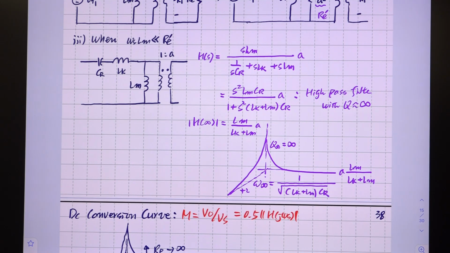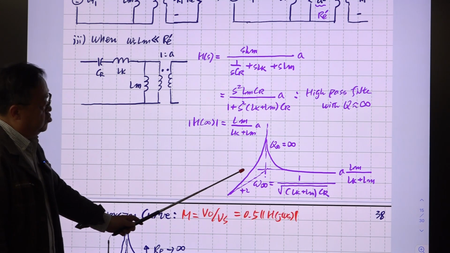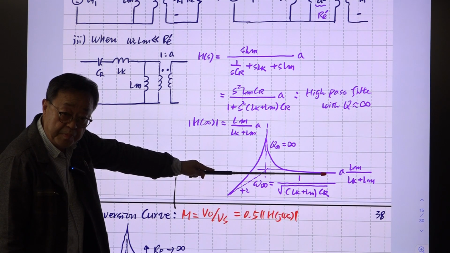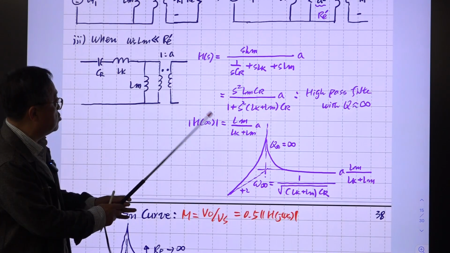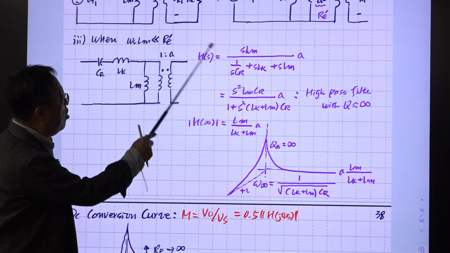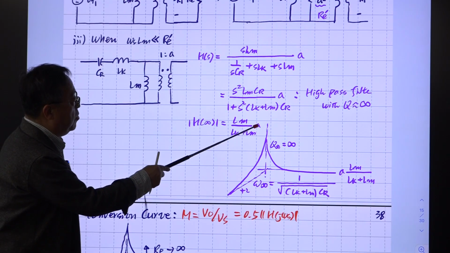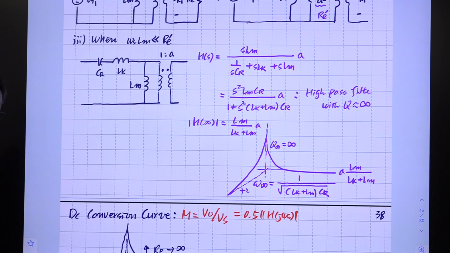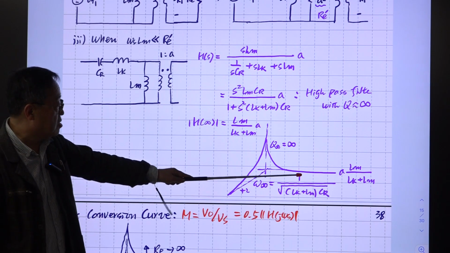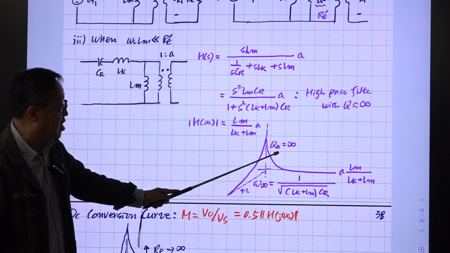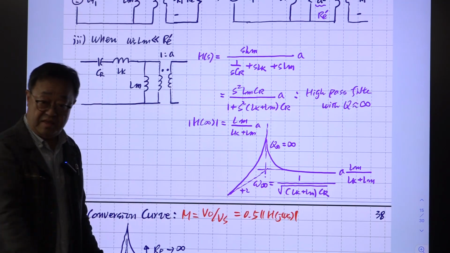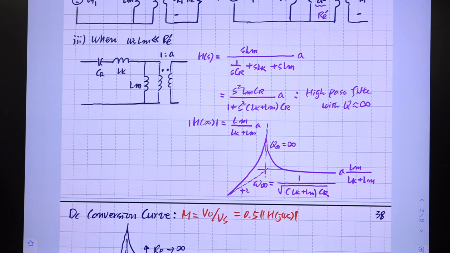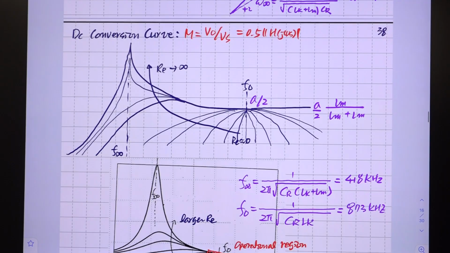And we have a double pole here. This plus 2 slope becomes 0 slope, a horizontal line. And this high frequency value is just the ratio of these inductive parameters multiplied by the turns ratio of the ideal transformer, which is this. Okay. Q now is infinity, so it peaks to infinity. Like this. Just combine those two curves smoothly, then you have this curve.